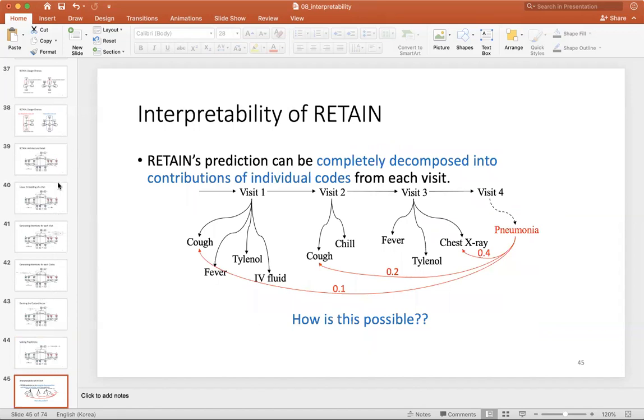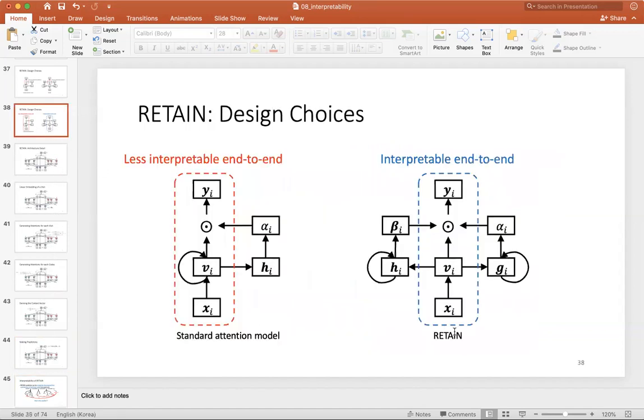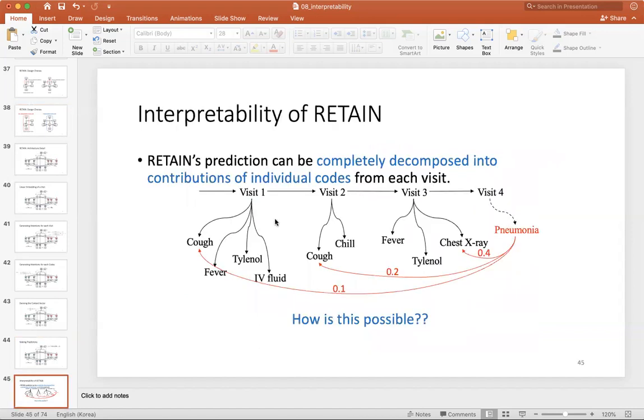Just because we keep this pathway linear, how can we answer questions like this: if your model predicted pneumonia will happen in the next time step, then 40% is the chest X-ray responsible for 40% of the prediction. Cough here is responsible for 20% of the prediction. Cough in the first time step is responsible for 10% of the prediction. So we're going to go through why this is possible in RETAIN.